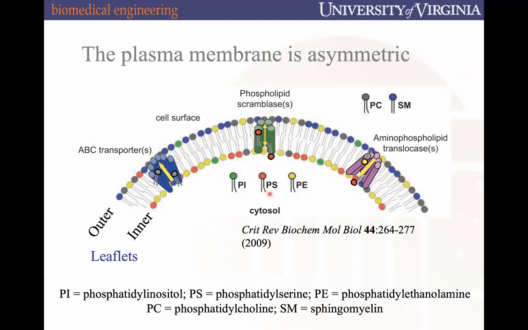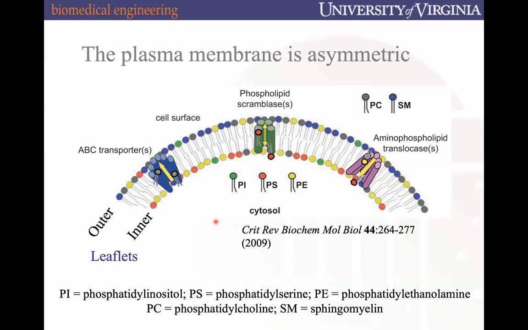But there's a lot of regulation in terms of what side of the membrane each of these phospholipids is on, occurring through different transmembrane proteins. Scramblases is a general category of proteins that transport these phospholipids from one side of the leaflet to the other. So the cell membrane is thought of as asymmetric.